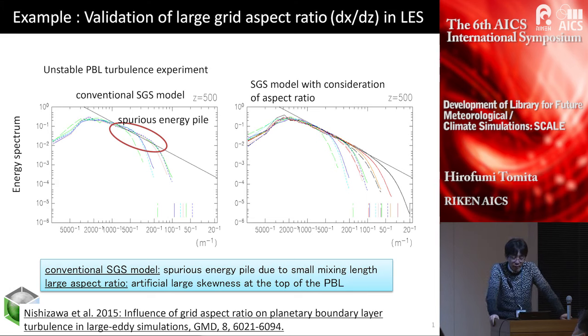And if we use an SGS model with consideration of aspect ratio, this spurious energy piling is reduced. So this is one of our conclusions in this paper.